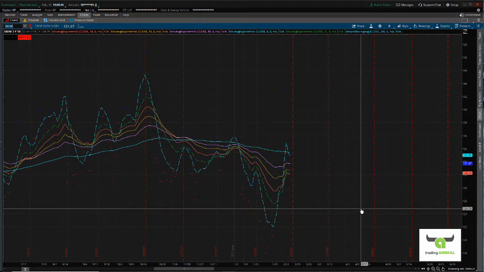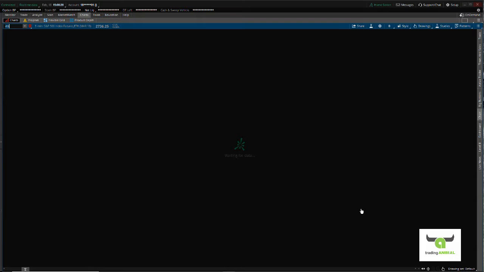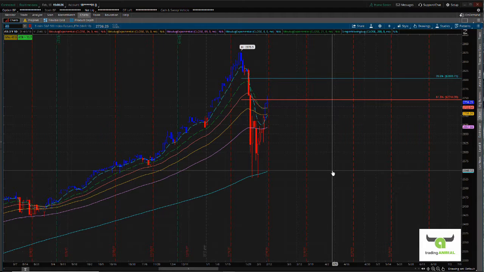But again, the question is going to be: is this just a retracement, or are we truly rebounding and looking for new fresh highs? Only time will tell on that. So we're definitely cautiously bullish, but definitely cautious.